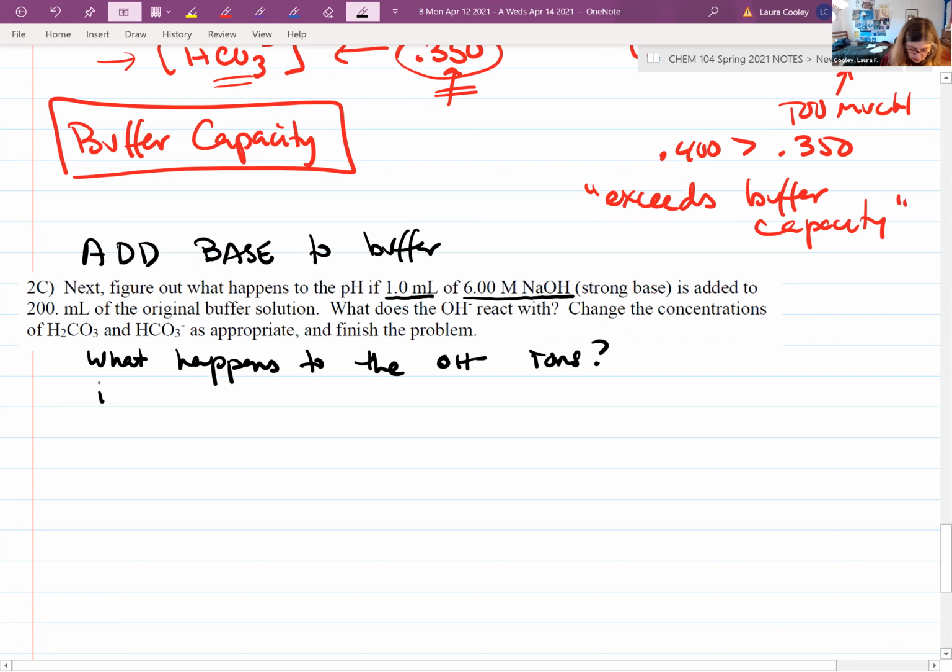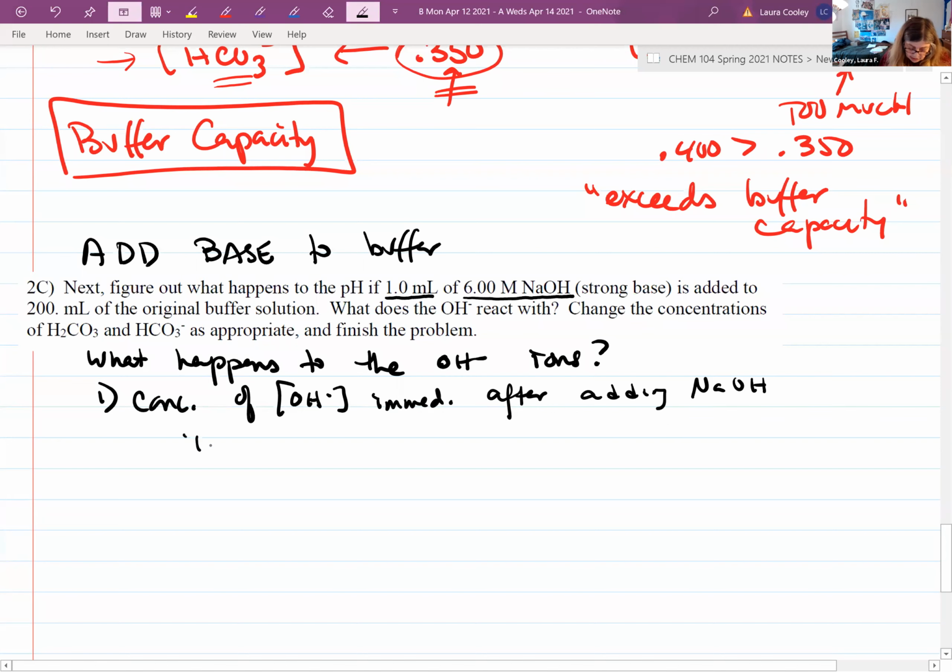First of all, we have to calculate the concentration of hydroxide, just like we calculated the concentration of the H3O plus, immediately after adding the NaOH.